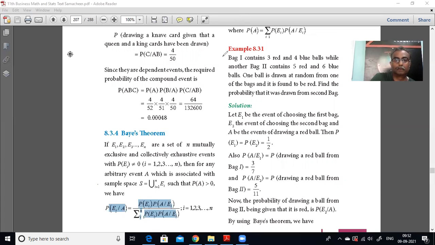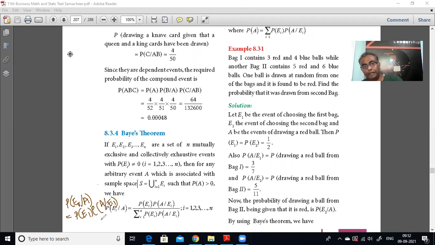The probability of choosing from bag i, given that you have already chosen a red ball, is equal to the probability of choosing the bag into the probability of choosing a red ball, provided it is from that bag.